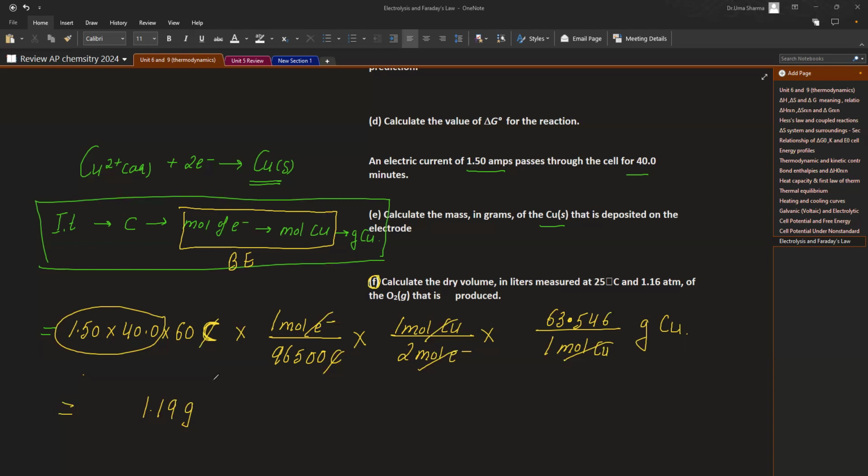Remember the final equation, the net equation. In the net equation, you multiply this by 2, this becomes 4. It was like this, 2Cu2+ with 2H2O liquid giving you 2Cu solid plus 4H+ aqueous plus O2 gas.